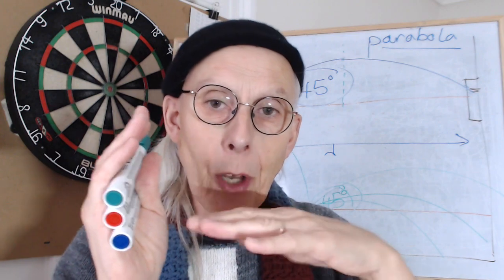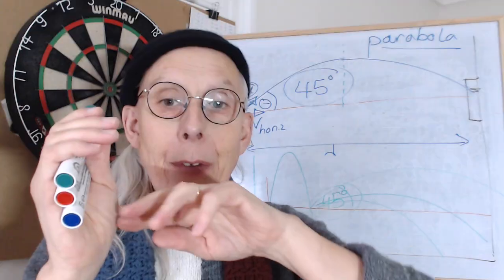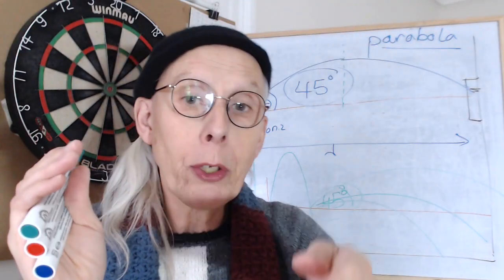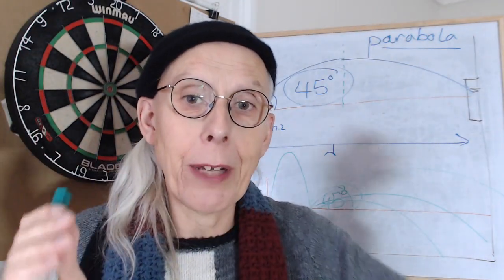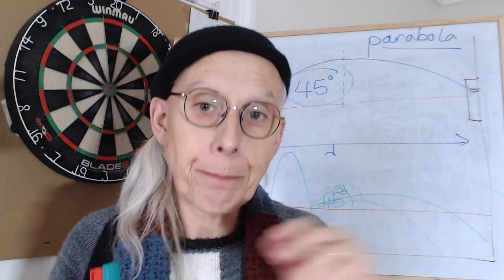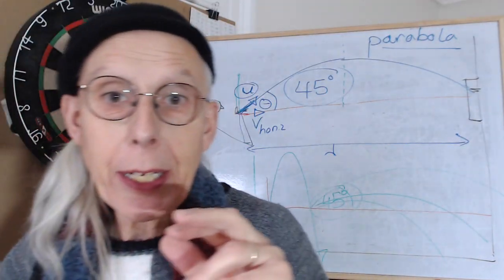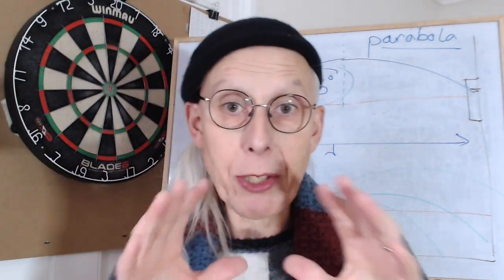If you have too much of the horizontal, the dart's just going to fall off the cliff, as it were. If you have too much vertical, it's just not going to reach the target. And it turns out that 45 degrees in the absence of air resistance is the perfect amount. I just want to mention that right now, and that comes from the theory of projectiles.